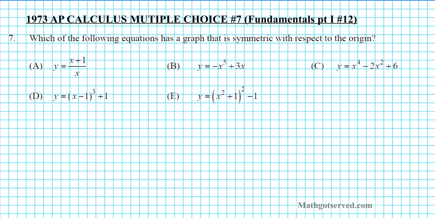So what does it mean for a function to have a graph that is symmetric with respect to the origin? Symmetry with respect to the origin is just another way of saying a function is odd. Okay, so let's go ahead and write this down.